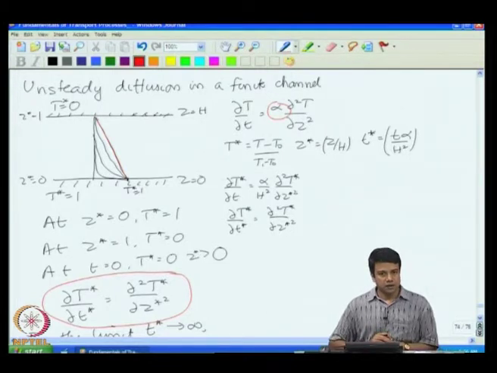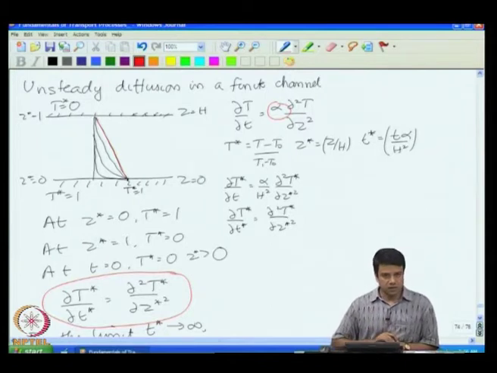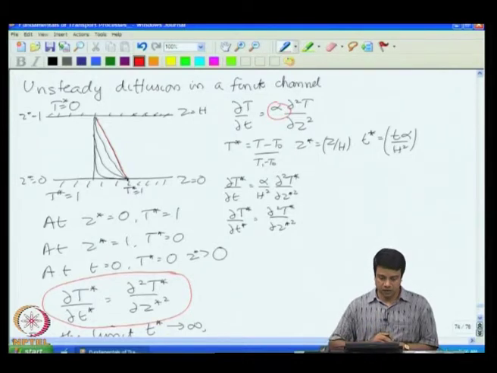However, the transient temperature profile is not linear. It evolves from initially 0 temperature throughout the channel to a final linear temperature profile, because I had applied the initial condition that both the bottom and the top plate temperatures were 0 initially at t equal to 0.